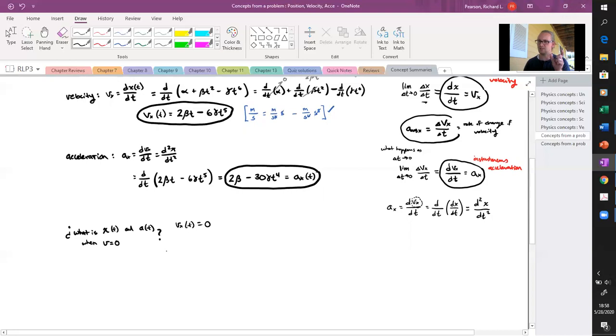They say that this is true, then that means we also know that this is true, right? That the equation that describes the velocity has to equal 0. So now we have this lovely equation, all equal to 0, which means we can do some algebra and we can get that 6 gamma t to the 5th is equal to 2 beta t.